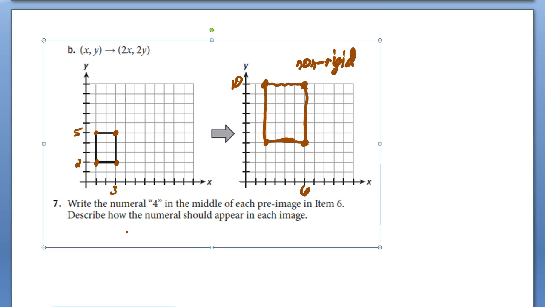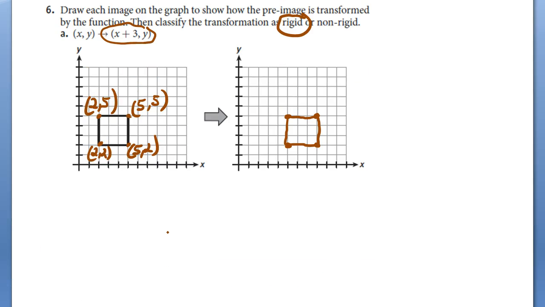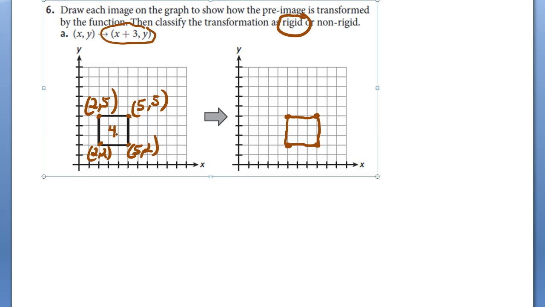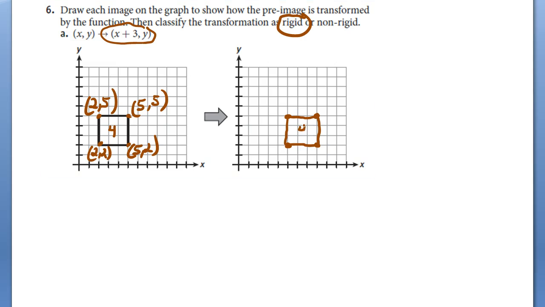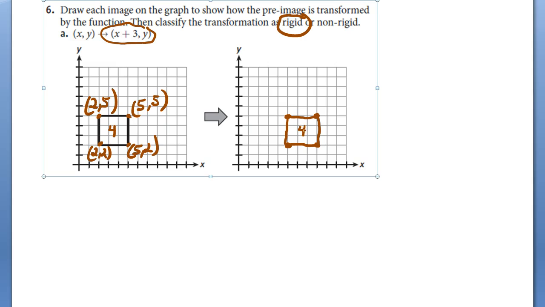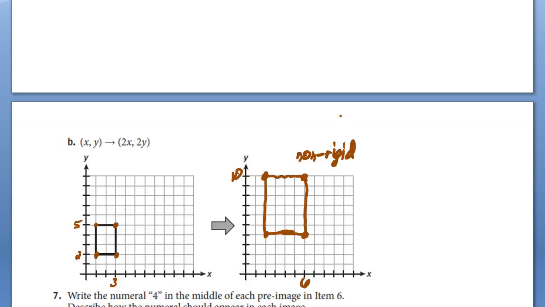Number 7, write the numeral 4 in the middle of each pre-image and describe how the numeral should appear in each image. So let me go back to this first one. We're supposed to write the number 4 in the middle of this. When we transform this by moving it to the right 3 spots, notice that the number 4 would just keep the same size and shape. In a rigid motion, size and shape doesn't change.